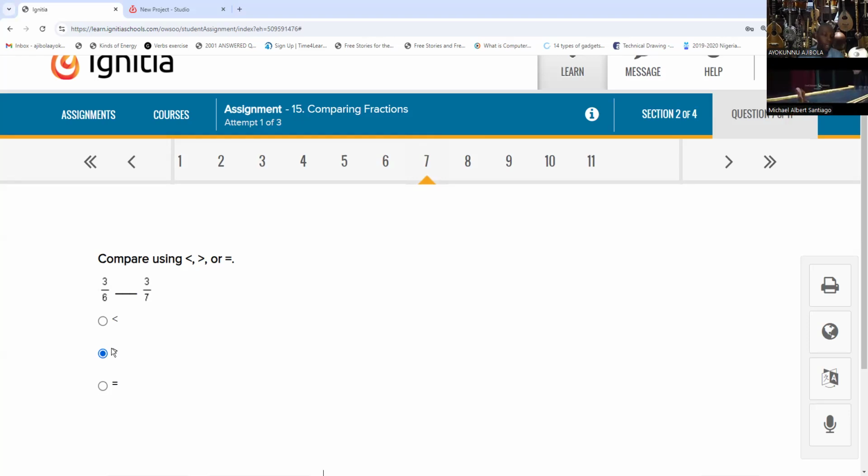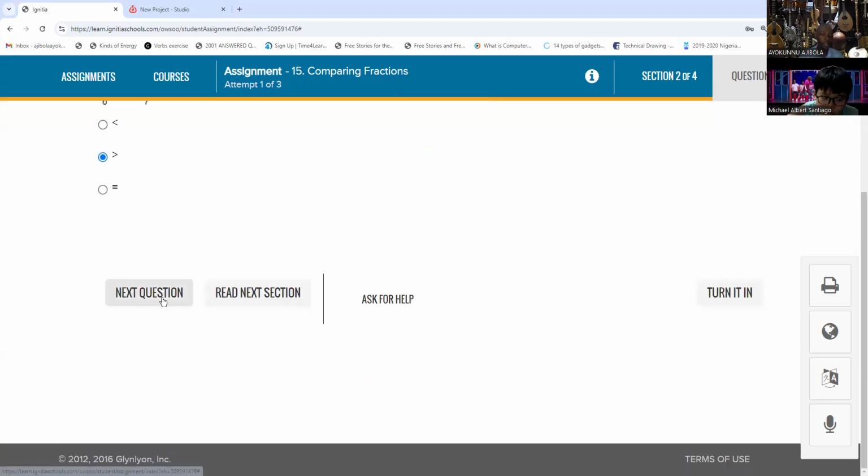We can also do it by using the LCD, lowest common denominator, which is 6 times 7, which is 42. And 6 in 42 is 7, 7 times 3 is 21, and 7 in 42 is 6, 6 times 3 is 18. So 21 is greater than 18, then we are greater than. So let's go to the next question.